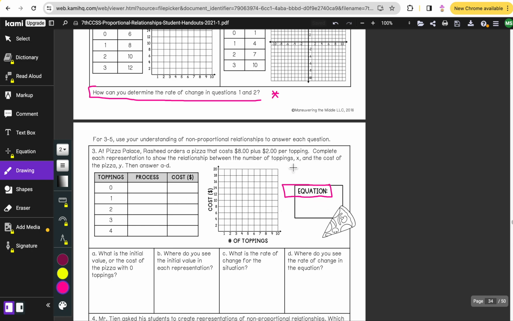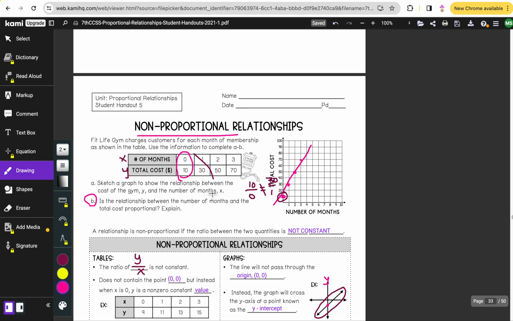Often equations for non-proportional relationships do have some sort of multiplication, but usually then there's also addition or subtraction of another number, that constant. If I were to go back here and write an equation for this, well, 30 divided by 1 is 30, right? So that doesn't really make sense, but I could still write an equation for this because it does follow a pattern.